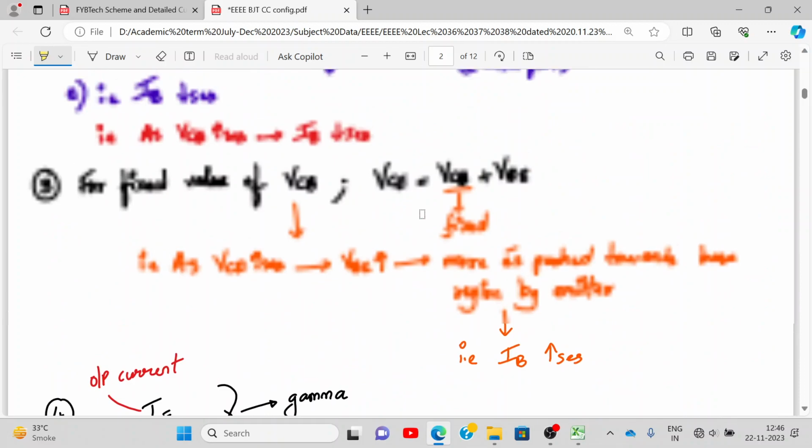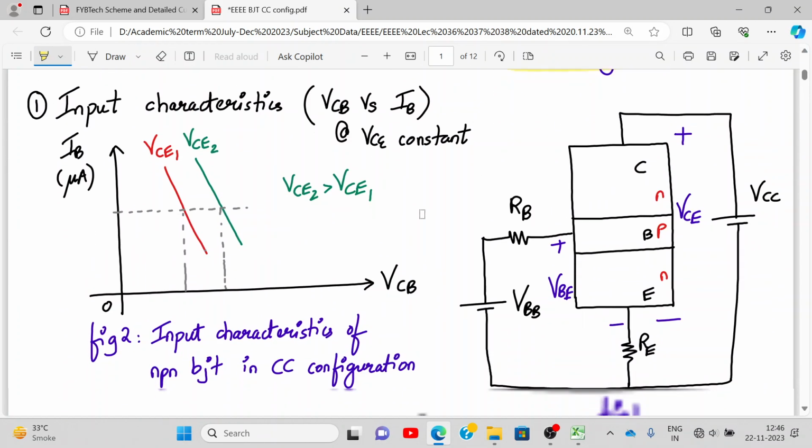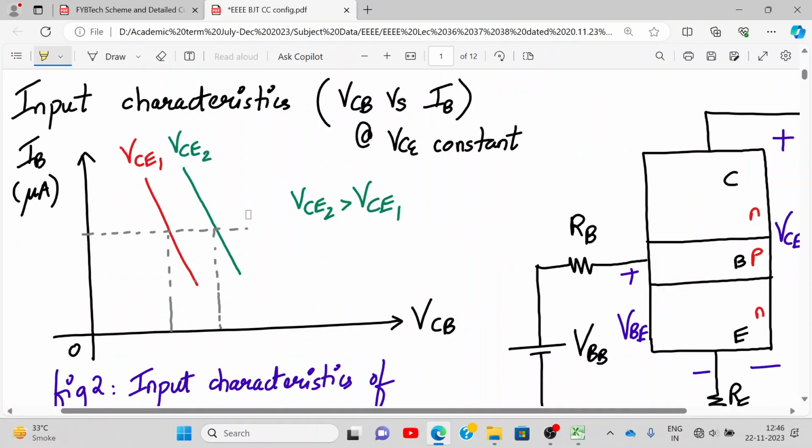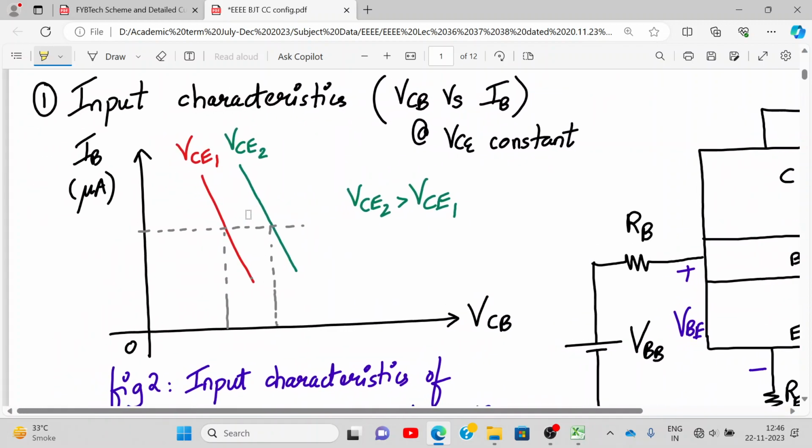Completed? Now we go to the input characteristics. Please draw the input characteristics. This is the last characteristic. The input characteristics are between VCB and IB for different values of VCE.